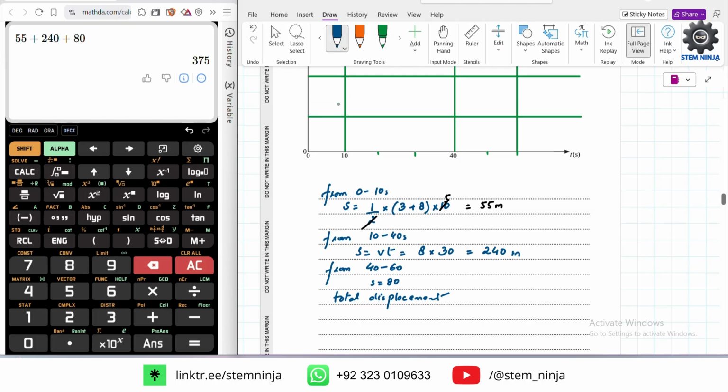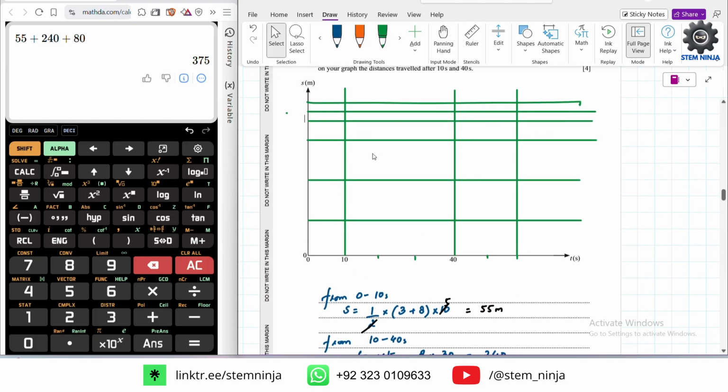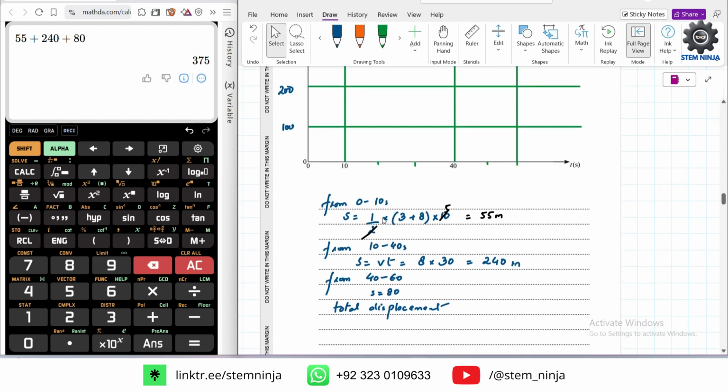So 55 first. This is not exact, there will be slight differences. So from 0 to 10 is 55, and this is the accelerating phase, right?